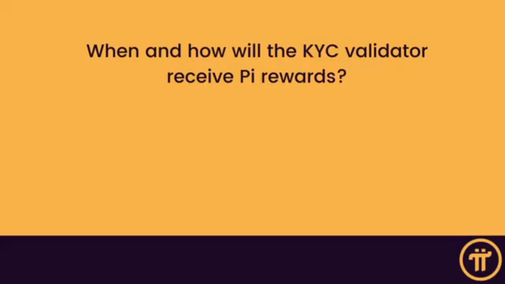In addition to that, why do we have a pool and then distribute? Why can't we design it so my Pi just goes to the people who validate mine? The reason is that not all pioneers going through KYC, which requires work from the validators, will successfully pass the KYC. If they don't pass the KYC, they will never have the Pi in the first place to pay for the validation work done by the crowd workers.